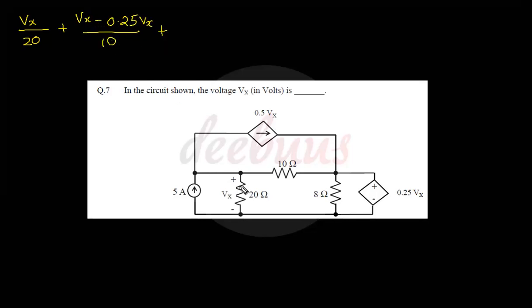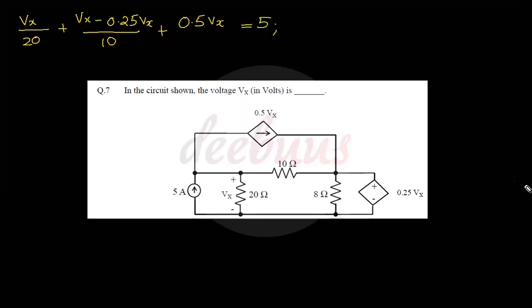This node is the same as this node, and at this node a 0.5 Vx current is leaving. Another 5 ampere current is entering this node, so it equals 5 ampere.